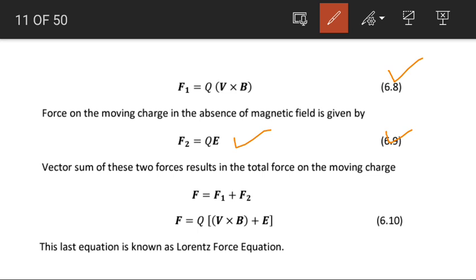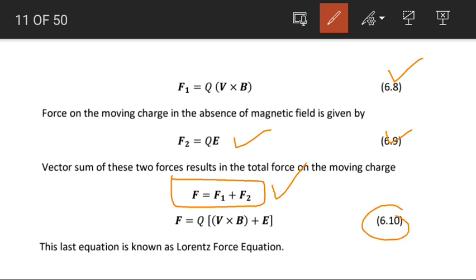According to the superposition theorem, the total force which is experienced by this moving charge due to the presence of the electric as well as magnetic field will be equal to the vector sum of these two forces. So we add these two forces and we get equation number 6.10.